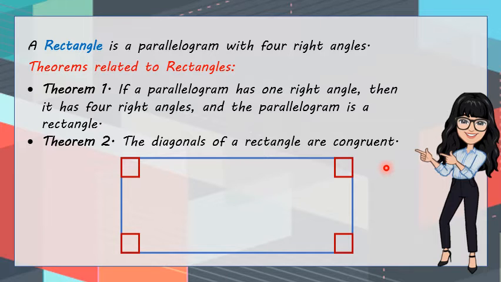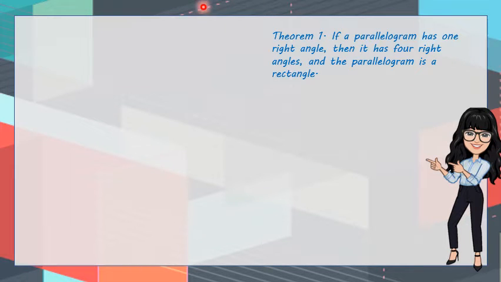So we will be proving two theorems on rectangle. As I have said, theorems need to be proven. So I will be showing you the proof for theorem number 1. Theorem number 1 for rectangle states that if a parallelogram has one right angle, then it has four right angles and the parallelogram is a rectangle.